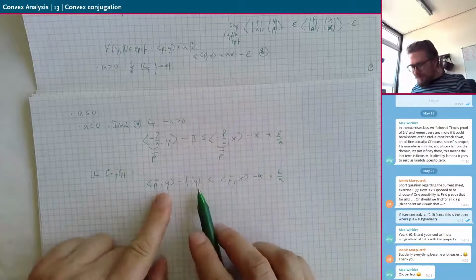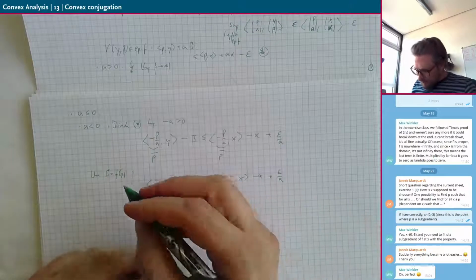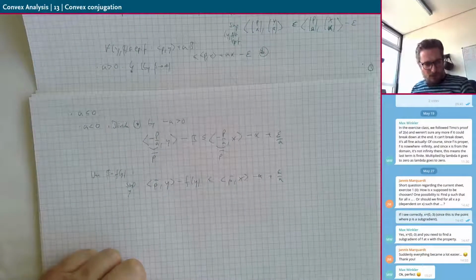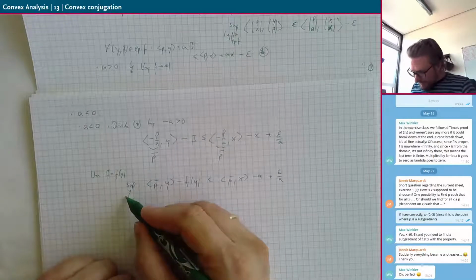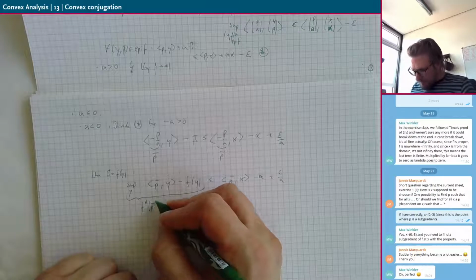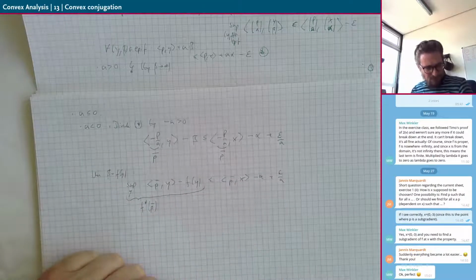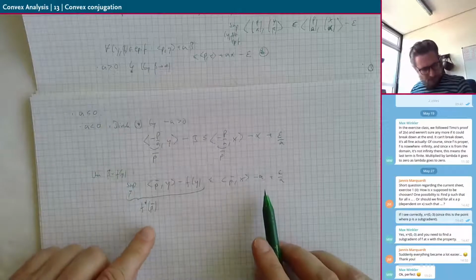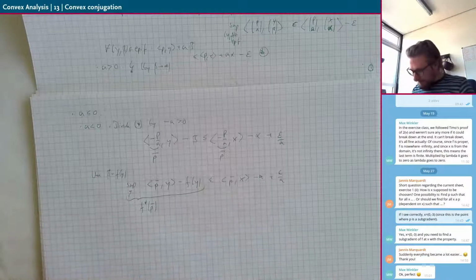This still holds for all y, so it still holds if we take the supremum over y. And the left hand side is then actually f star of p bar.